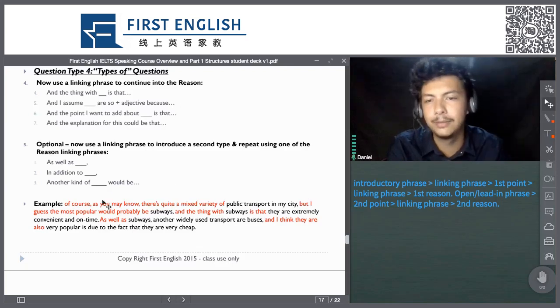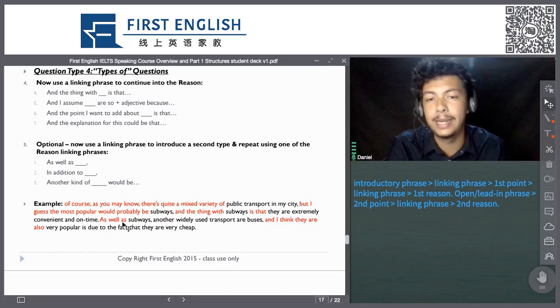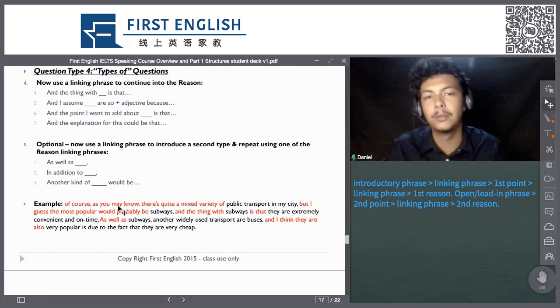So notice here, we have the introductory phrases, the linking phrases, and everything else in that nature highlighted in red. So almost half of our answer is just linking phrases and connective phrases to bring our answer together and help it flow very naturally and very appropriately.